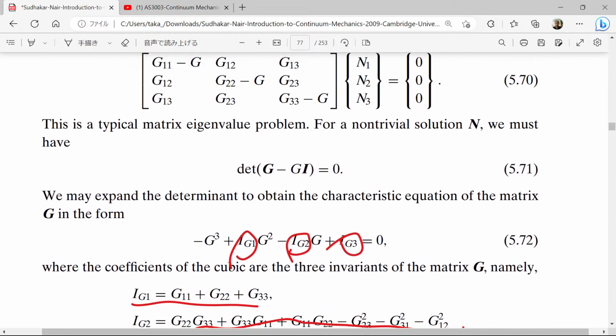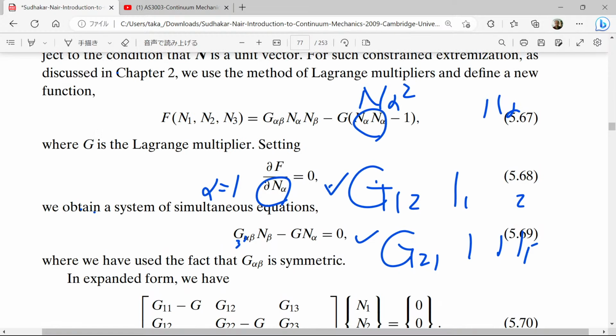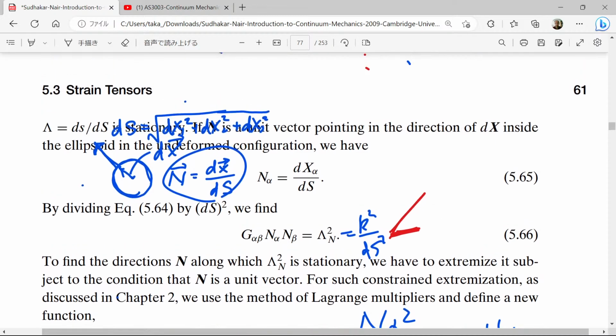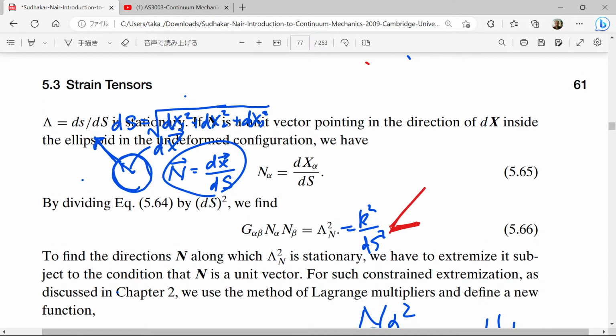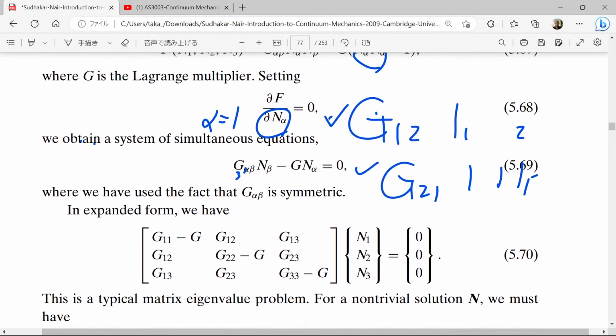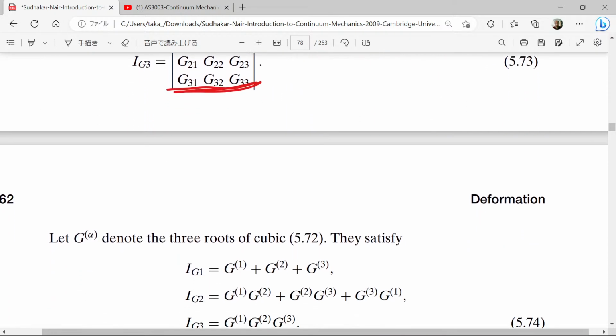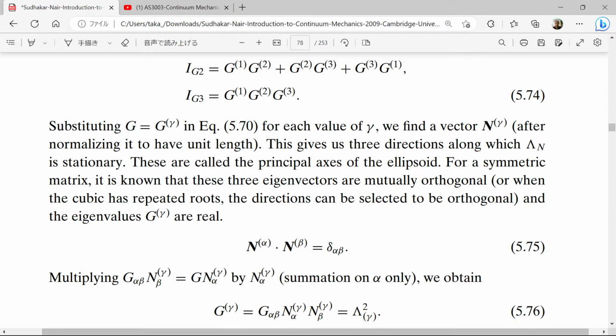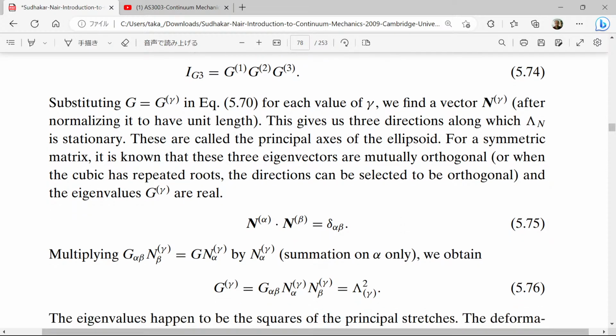I'm a little bit confused. For a symmetric matrix, it is known that these three eigenvectors are mutually orthogonal, or when the cubic has repeated roots, the directions can be selected to be orthogonal, and the eigenvalues G gamma are real.